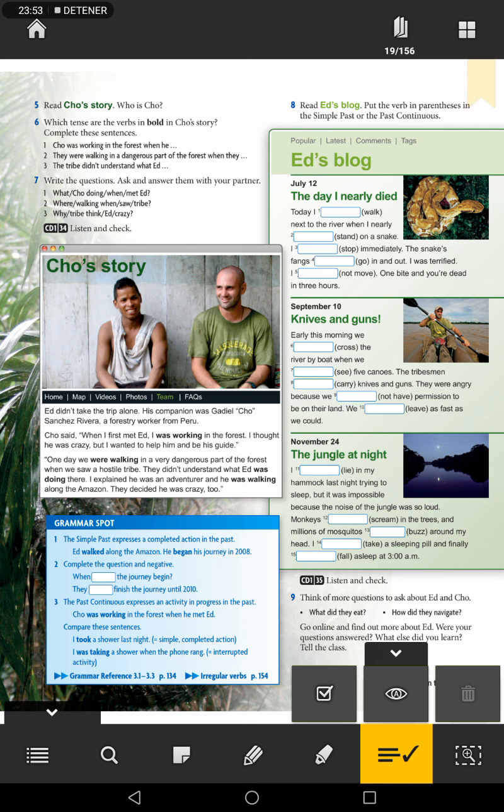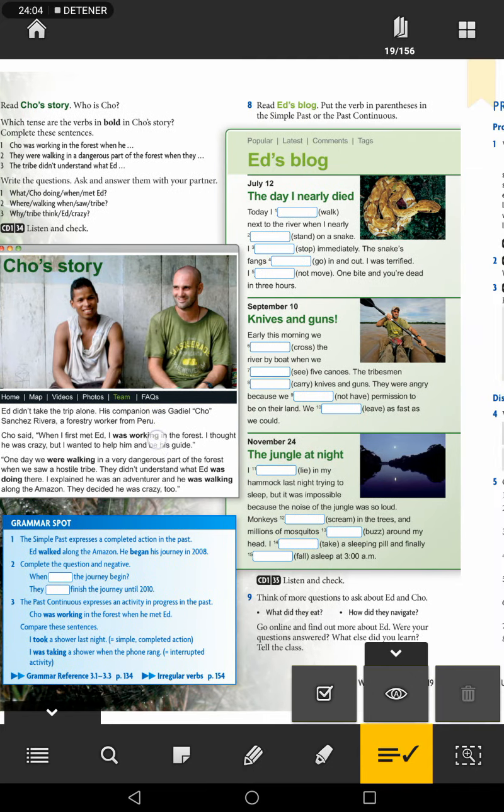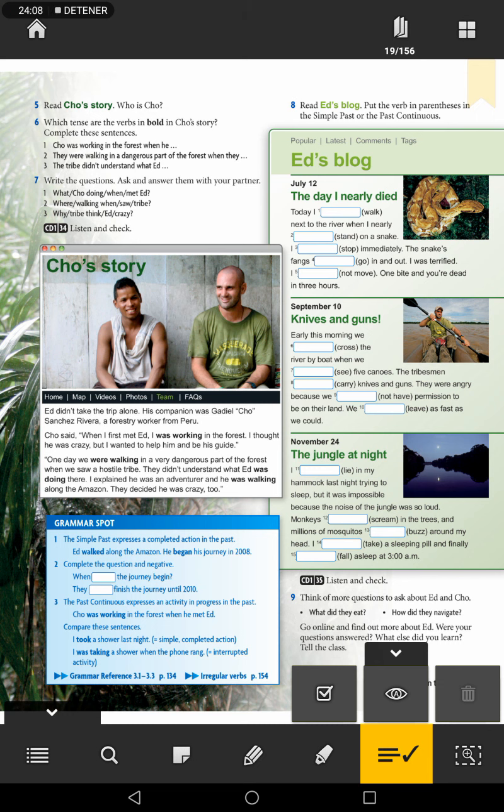And then it says number 6. Which tense are the verb involved, and Cho's story? Tenemos unos verbos en negritas, si se fijan. ¿Sí? Tienen que decidir en qué tiempo están. Y luego dice completa las oraciones.